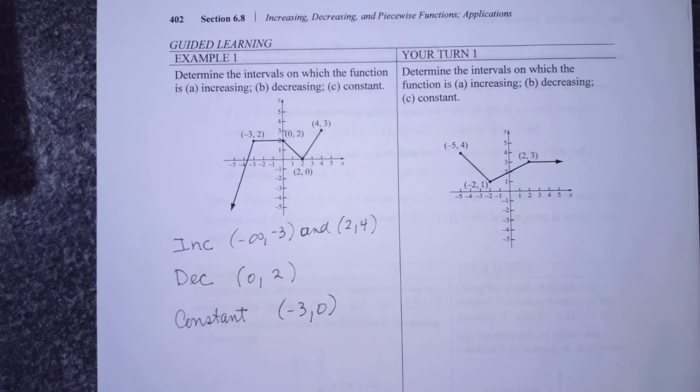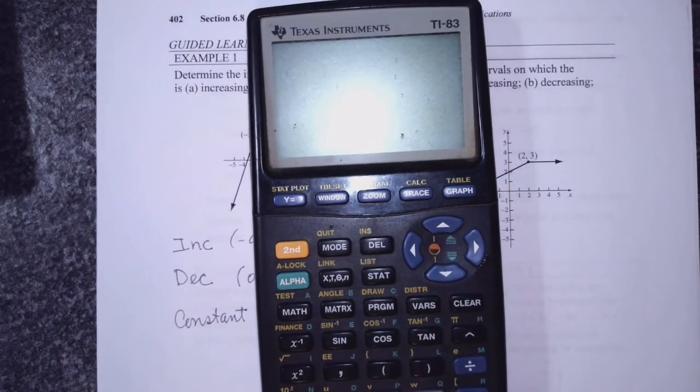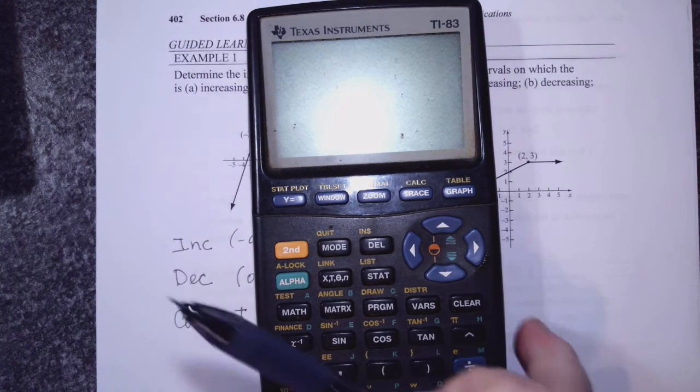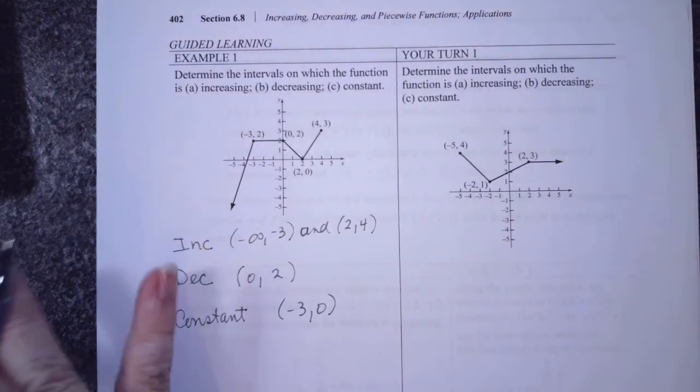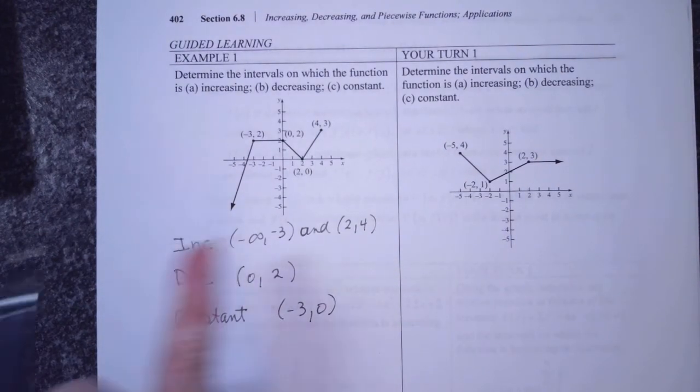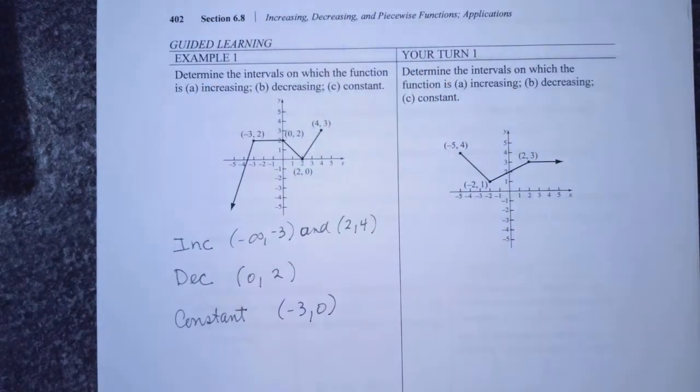What you have to remember is that we always go from left to right. So if you look at this graph from left to right, the graph is going up to the right. Yeah, and that's the hardest part of these, I think, is remembering that we're always looking at, is it going from left to right? Is it going up to the right, or is it going down to the right?